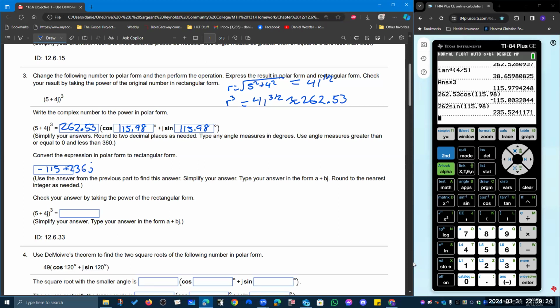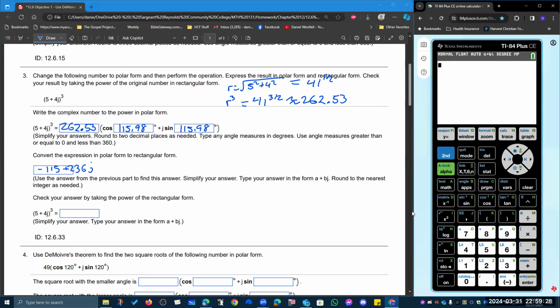And then we're going to actually just use the calculator here, or we could do it the long way by hand, but I'm just going to use the calculator to say what's 5 plus 4i raised to the 3rd power, and it tells me that it's negative 115 plus 236 times the imaginary unit.